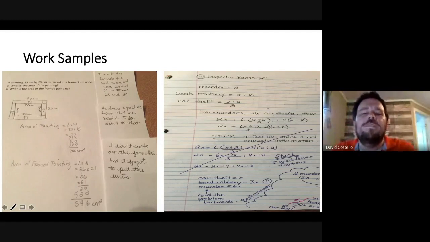So the problem was about Inspector Morris, and I think the teacher grabbed this from the Rich Math site. There was a murder, a bank robbery, and a car theft, and they had to work towards solving this. And how much would it be for this?